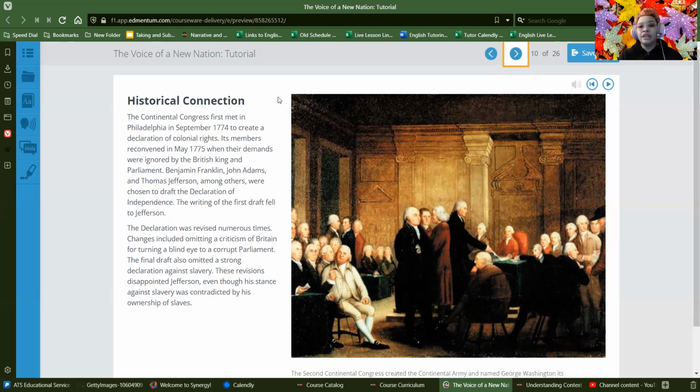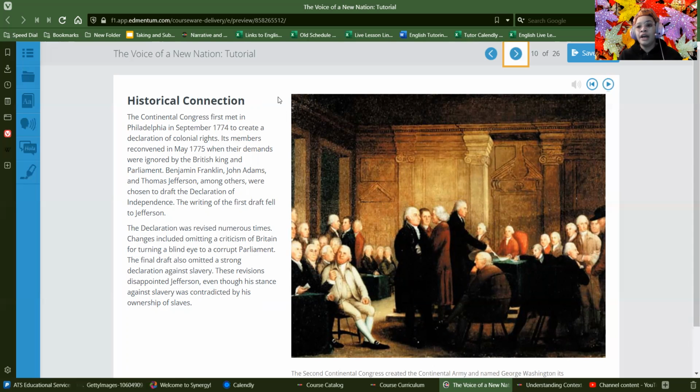So they met again the next year in May of 1775. The most prominent people who were there were Benjamin Franklin, John Adams, and Thomas Jefferson. They and a few other people were chosen to work together to draft the Bill of Rights. They came together with their ideas, but Jefferson was trusted to put them all together in words.